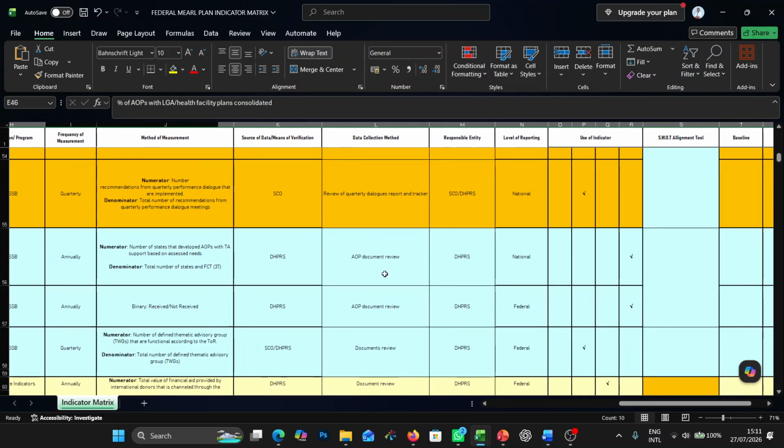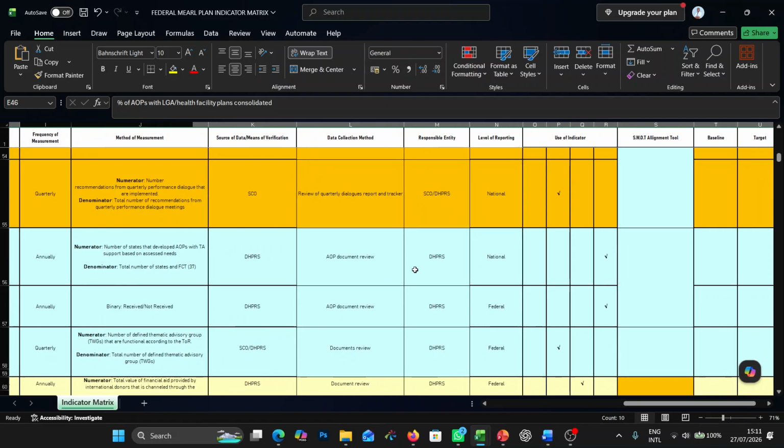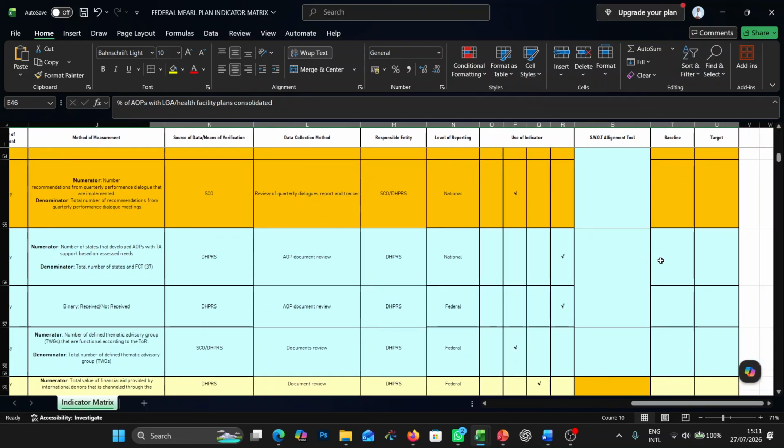So we can see it is from the AOP. It is expected that the states submit their AOP, which can also be used to verify if they've actually done their AOP. And also it is a national level indicator. So what we are to do here is, if this intervention was SWOT mapped, by clicking one, once you select one, it means that the intervention was selected, was prioritized.